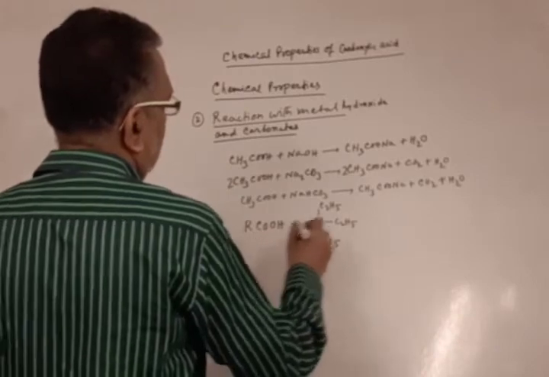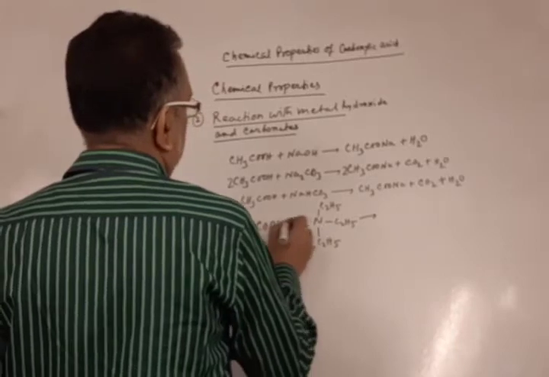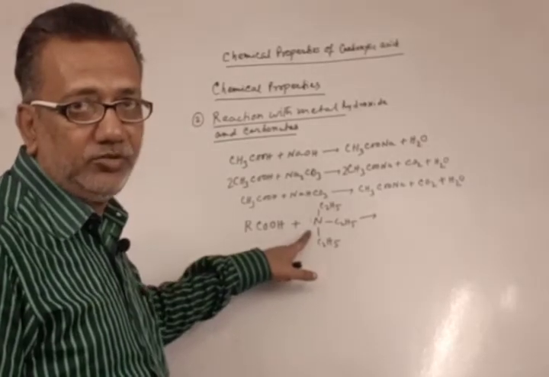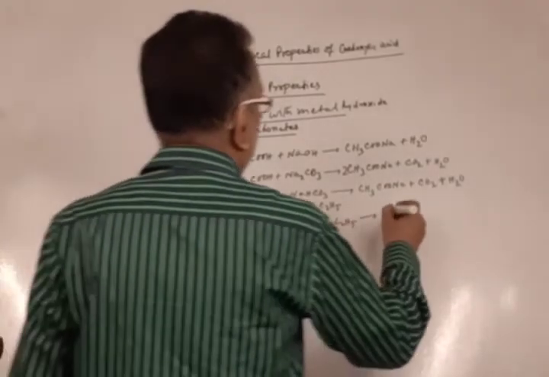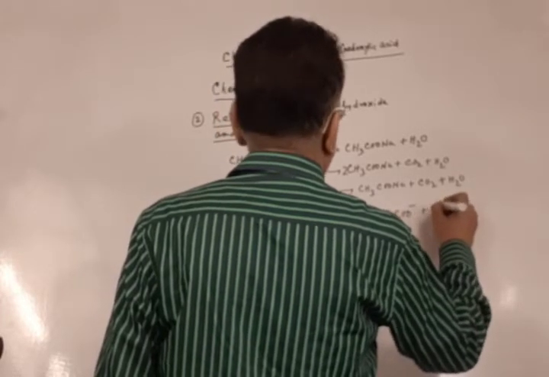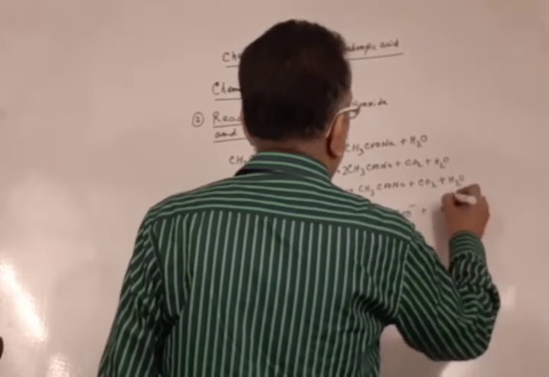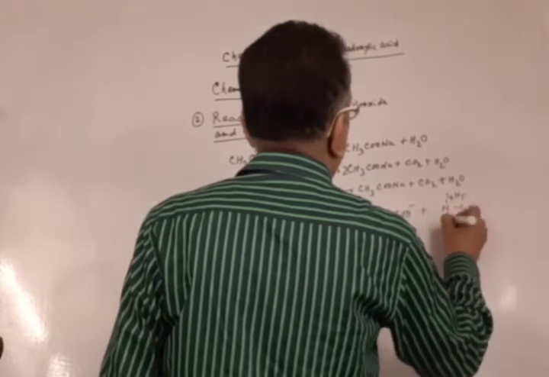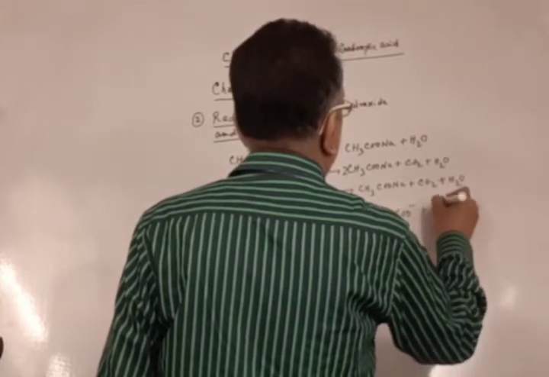Now in this reaction, due to this lone pair, the dissociation of this proton attacks at this lone pair of nitrogen, and we are getting this compound RCOO minus plus HN(C2H5)3 plus.